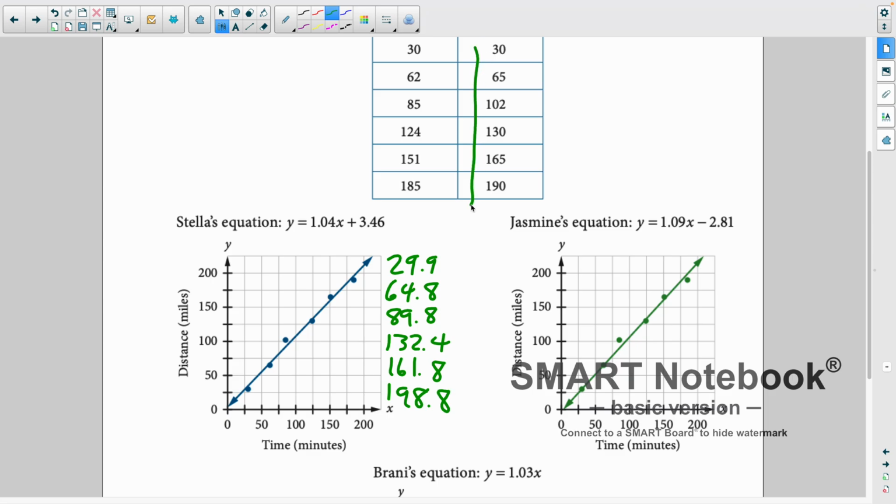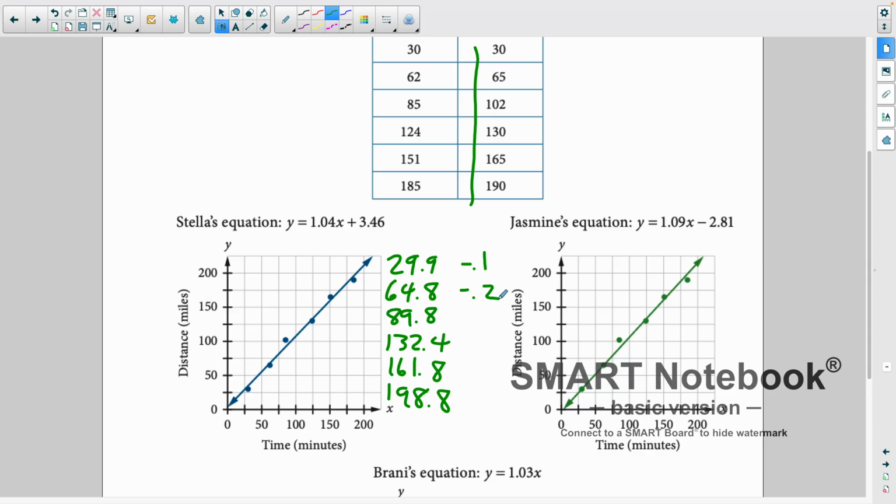Okay? So if I do predicted minus actual, then this is a negative 0.1. If I do 64.8 minus the 65, that's negative 0.2. If I do 89.8 minus that, that is 12.2. Is that right?